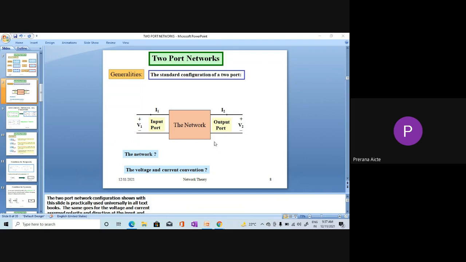When you apply a voltage, current obviously flows in the circuit. At the receiving end of your circuit, across the output we get some voltage, that is V2, and the circuit also has some current at the output side, that is I2. So these are the two-port network variables: V1 and I1 at the input side, V2 and I2 at the output side.